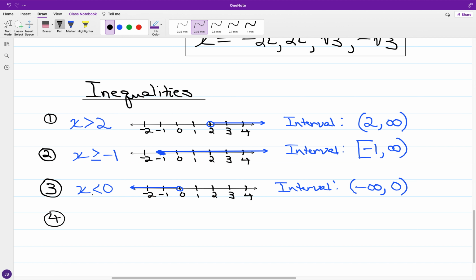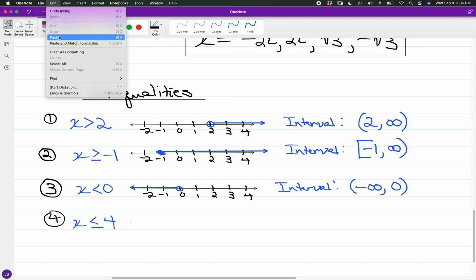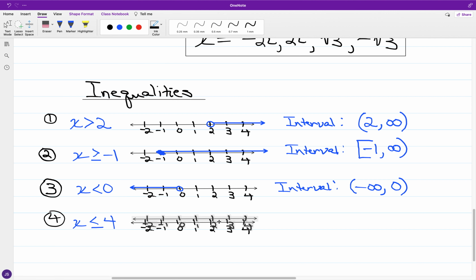Let's say that x is less than or equal to 4. Let me duplicate this graph. So for less than or equal to 4, we have a closed point.